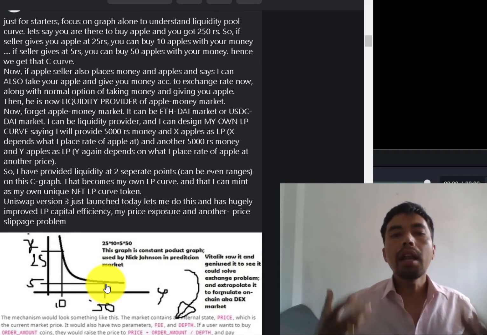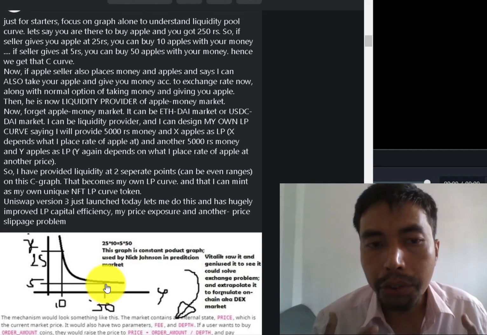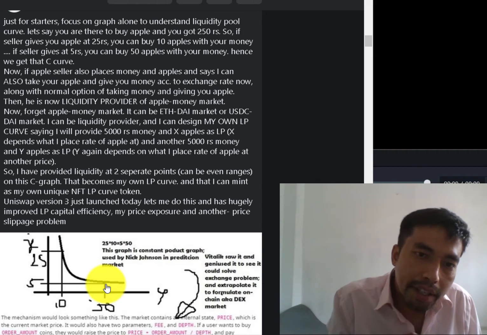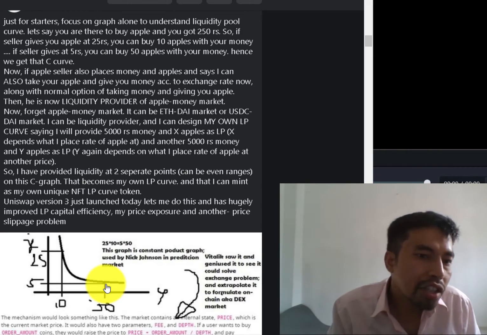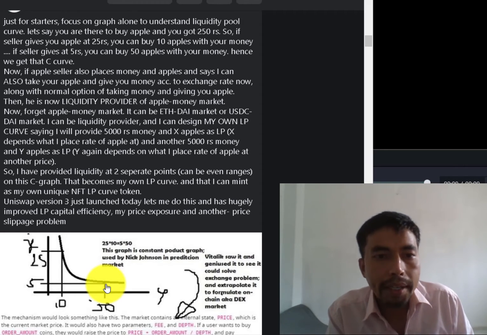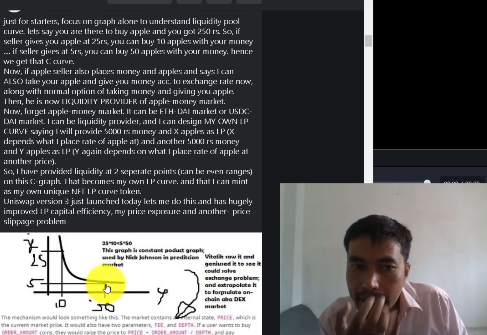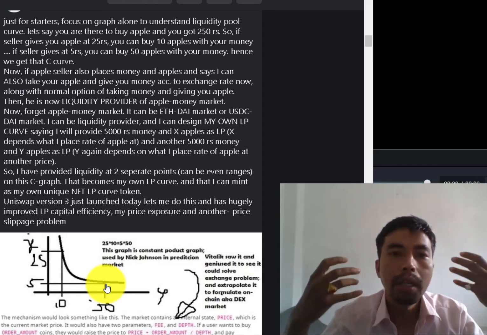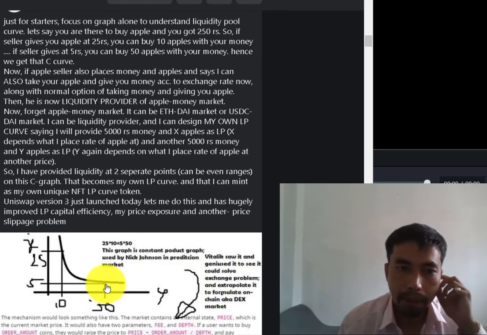So you can design your own liquidity curve, and you can also place different points on your liquidity curves with your total unit of entity. It can be Ethereum or Ethereum DAI exchange, or it can be the USDC DAI market. Just like you can provide 2 points of exchange for Apple money market. That is entirely your own liquidity pool cup.